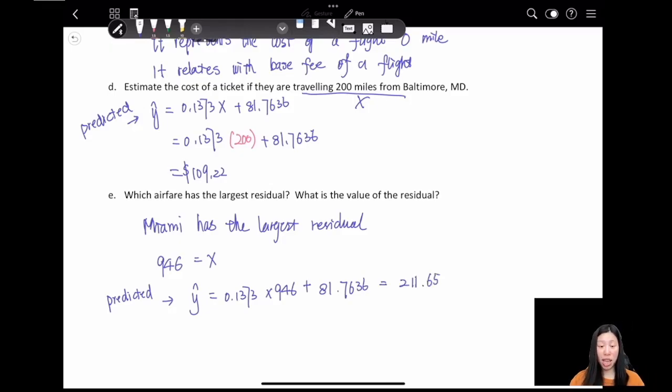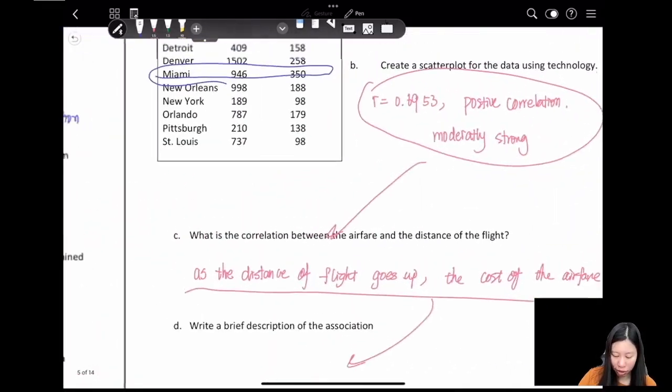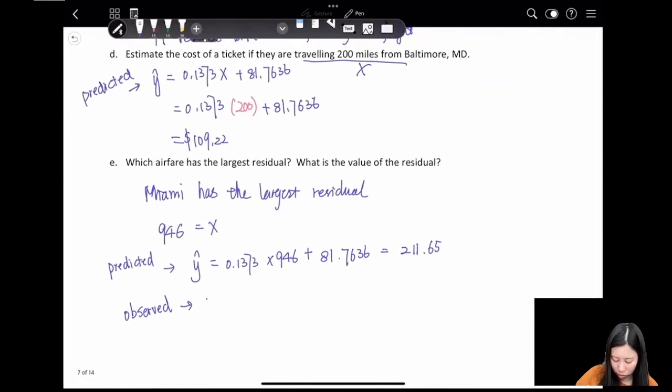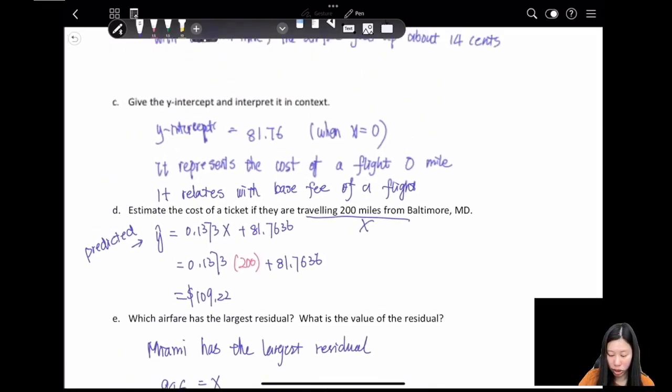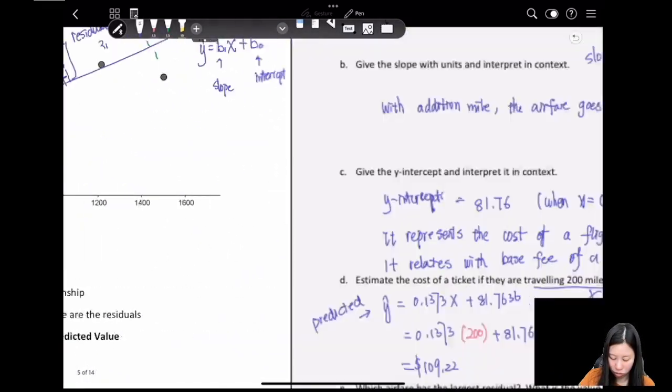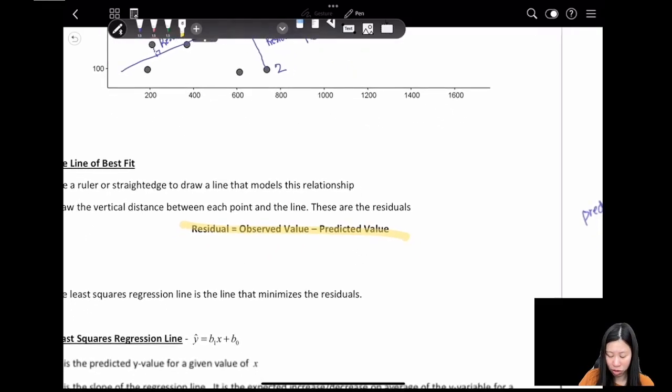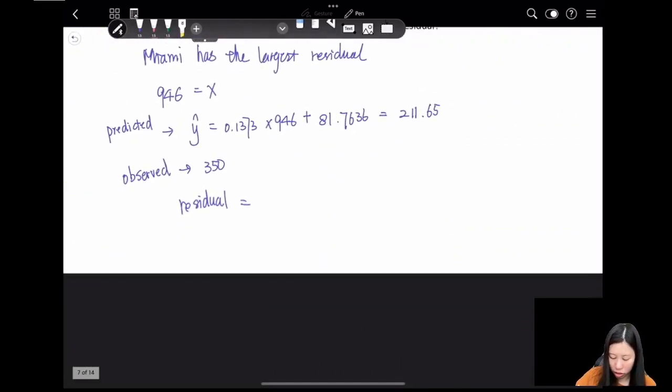This equals $211.65. But in reality, what is our observed price? Let's go back and take a look. The observed price is $350, right? So what's the value of the residual? So residual equals the observed value minus the predicted value. So let me write this down.